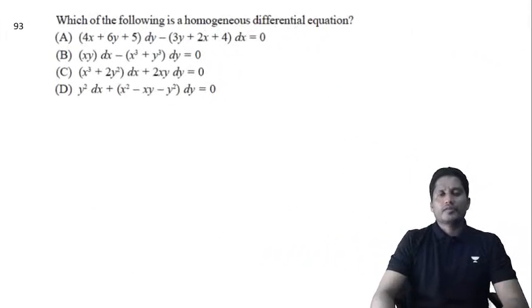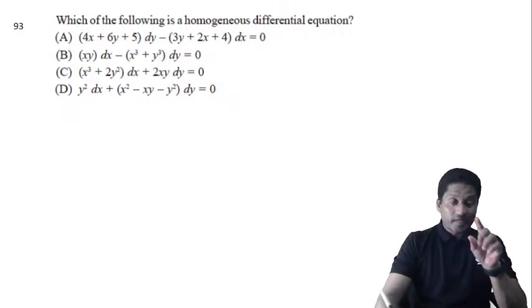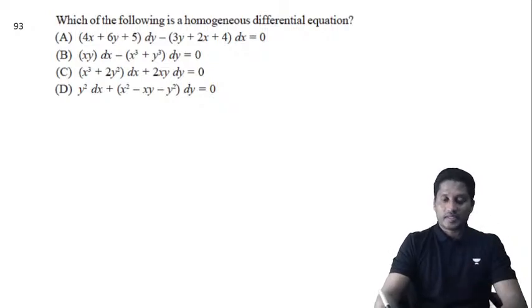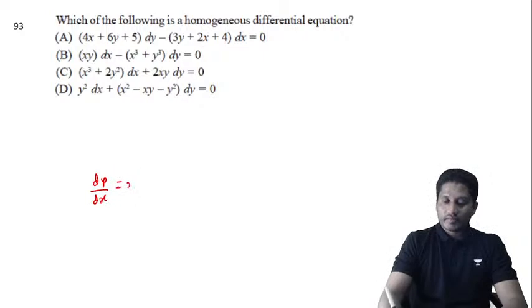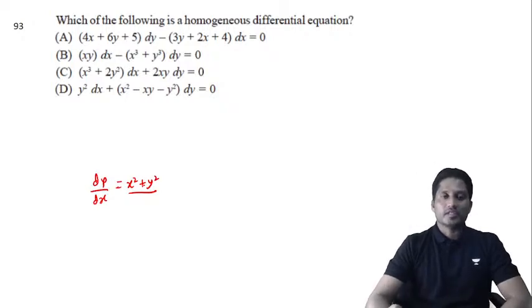Question number 93. Which of the following is a homogeneous differential equation? You say it is a homogeneous differential equation if the degree of numerator and denominator is the same. That is, suppose dy by dx is equal to x square plus y square over something. Power of x is 2, power of y is 2, so the numerator is a homogeneous function of degree 2. The denominator should also be a homogeneous function of degree 2. I can have x square minus y square.